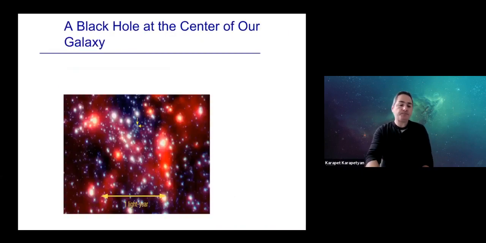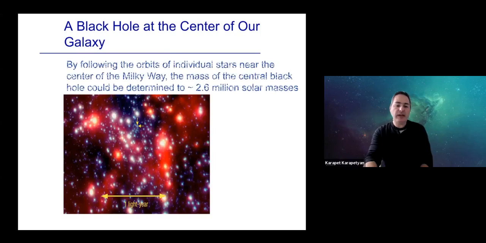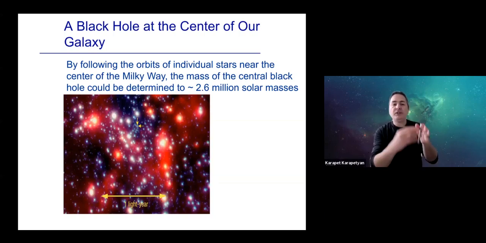All right. So by following the orbits of individual stars near the center of the Milky Way, we see there's a star going around something. We can't see what it is going around, but it's going around something because it's gravitationally bound to that object.